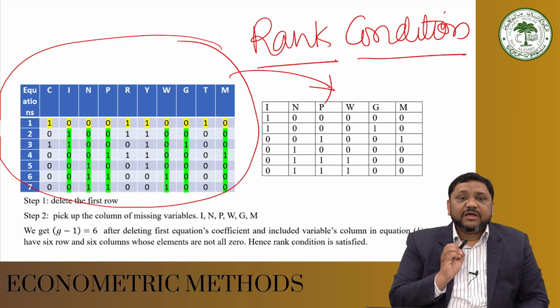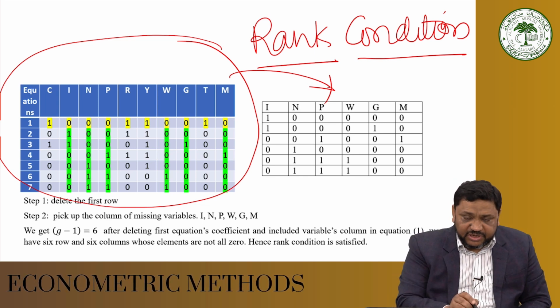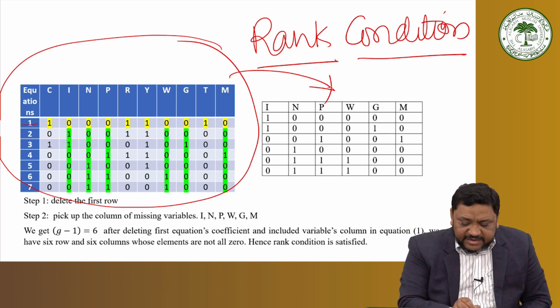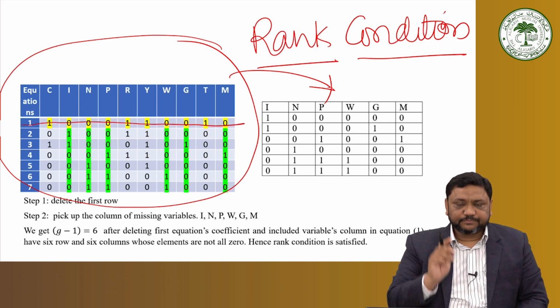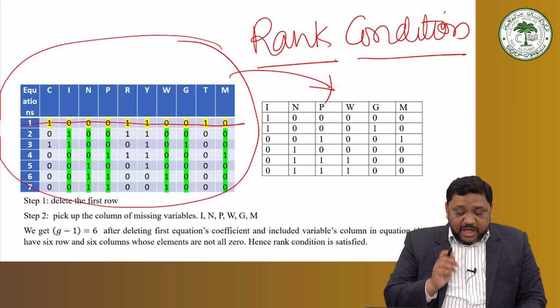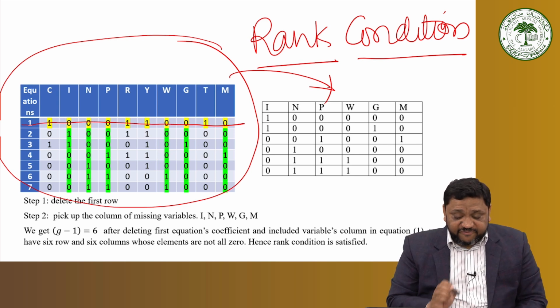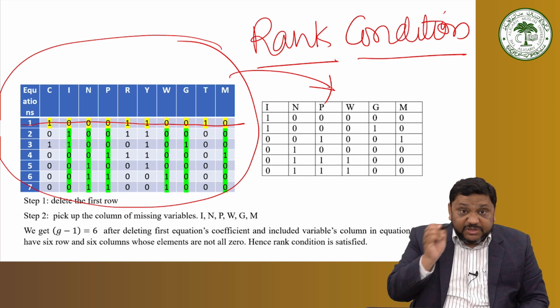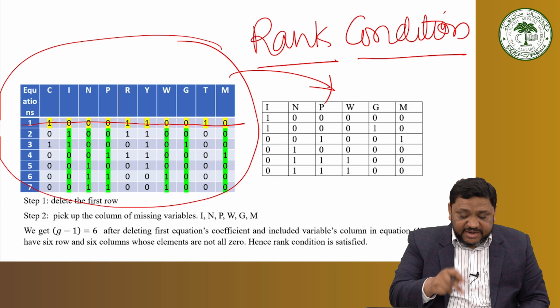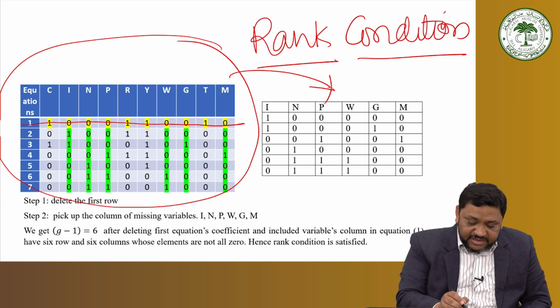Since we are doing the identification process of the consumption equation, which happens to be our first equation, we delete the entire first equation first. Second, we pick up the columns of missing variables, the variables which are not present in C but are present in the others, meaning the variables which have a 0.